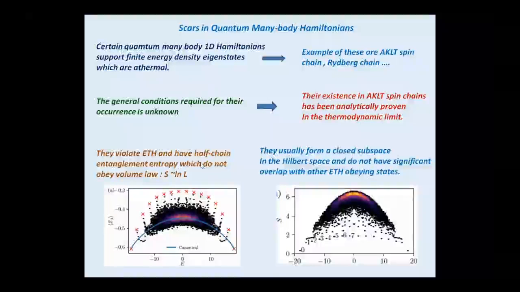Because you have thrown out half of the chain, your density matrix will give you an entanglement. Typically, if your energy density is finite, your entanglement will follow a volume law. This is well known because a finite energy density eigenstate is an example of something called a thermal eigenstate, and for any thermal state, entanglement entropy follows the volume law.